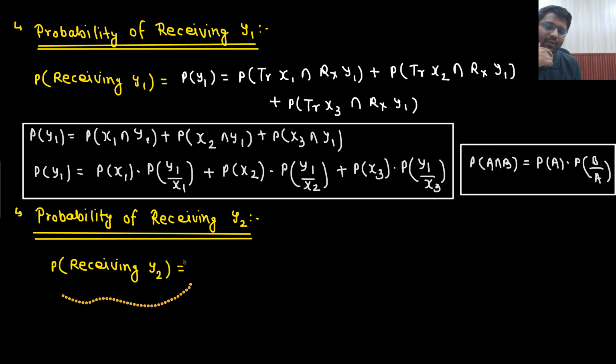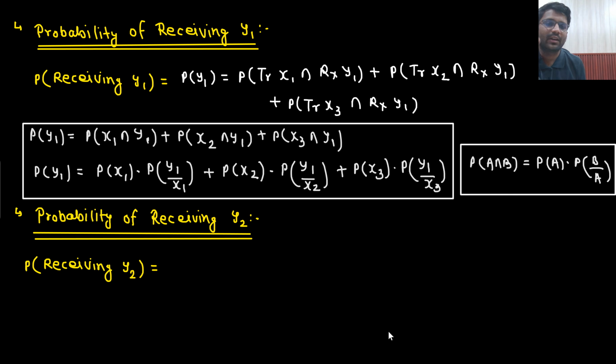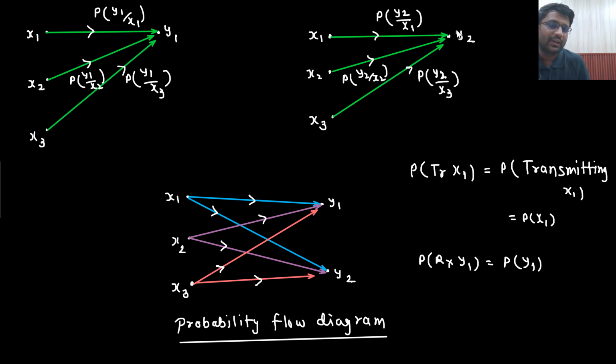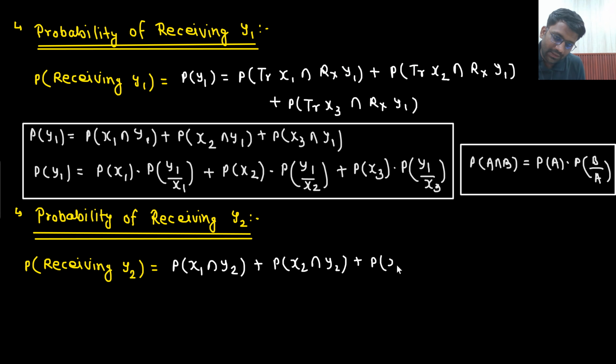Now what is the probability of receiving y2? So y2 can be received from where? Y2 could be received from x1 or x2 or x3. It could be written the same way, but I am directly writing the result. What could be the result? That you are sending x1 and receiving y2, or you are sending x2 and receiving y2, or you are sending x3 and receiving y2.